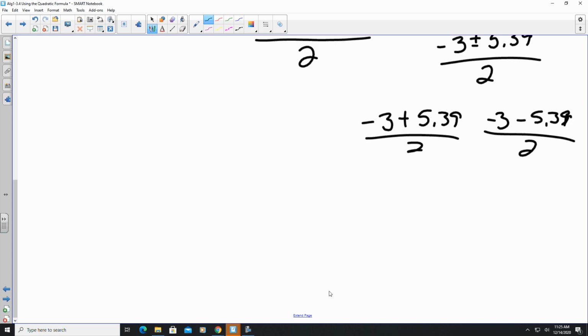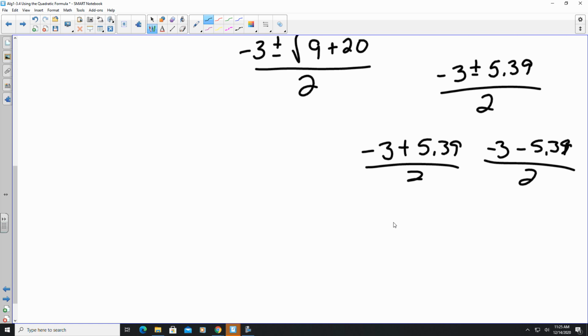To finish this up, I take negative 3 plus 5.39, divide that by 2, and I get 1.195. That's one answer. And for the other one, I take negative 3 minus 5.39 divided by 2, and that's going to be negative 4.195.